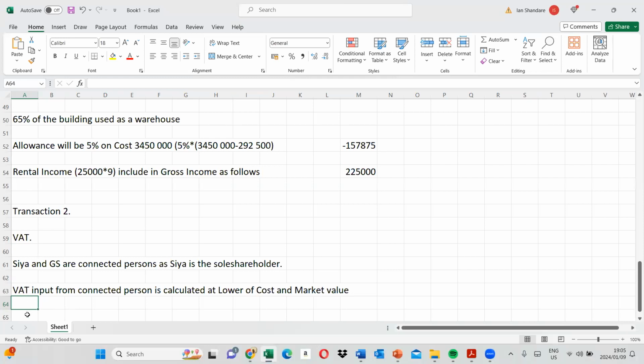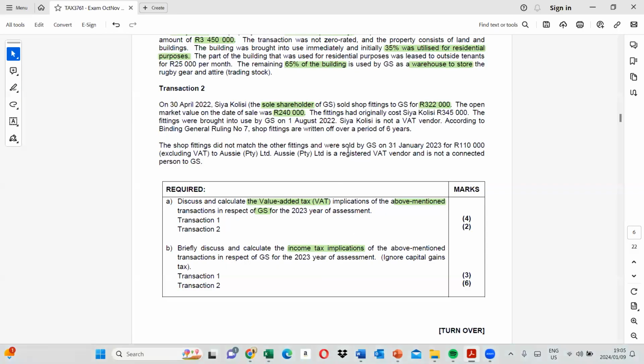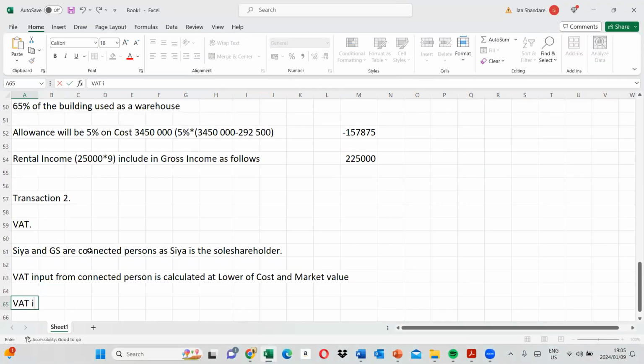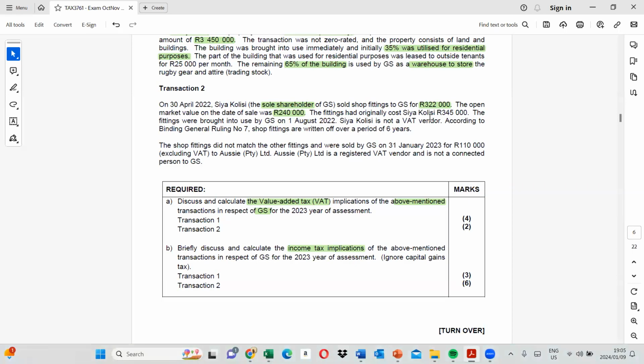So which means now GS is going to claim VAT input at the market value, which is the lesser, that is 240,000. All right, so VAT input. All right. So in this regard, you're going to take 240,000. Oh, sorry, yes, 240,000.